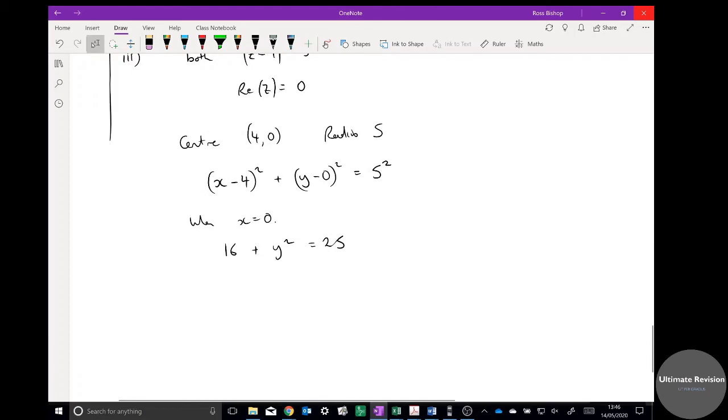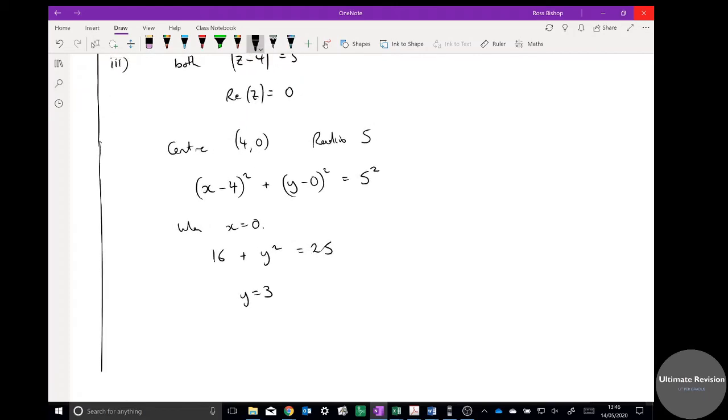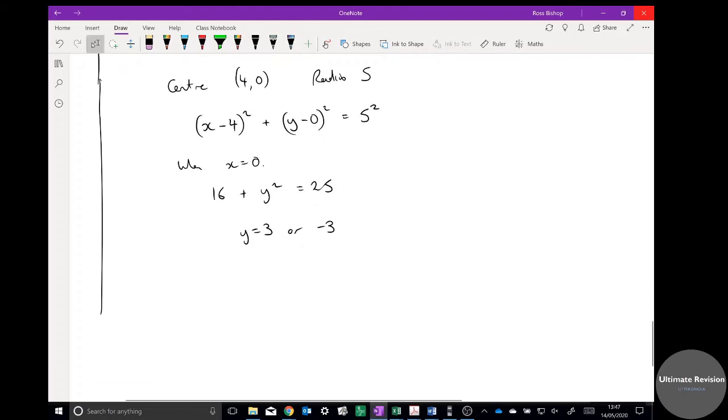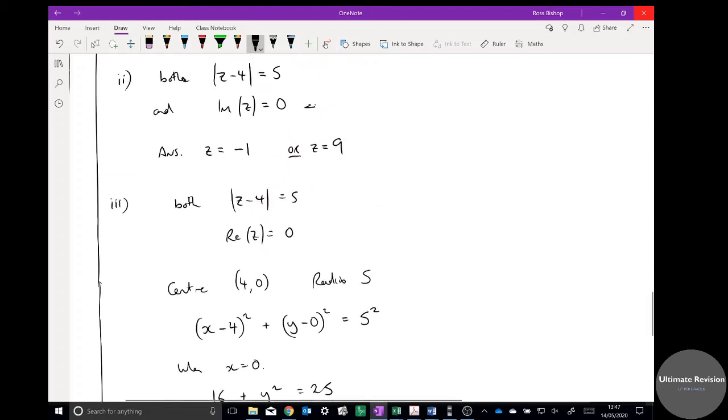If I solve that equation, I end up with y equaling 3 or minus 3. So my actual answer, z in this case, is going to be 3i or negative 3i. And that's how I'd answer that sort of question there.